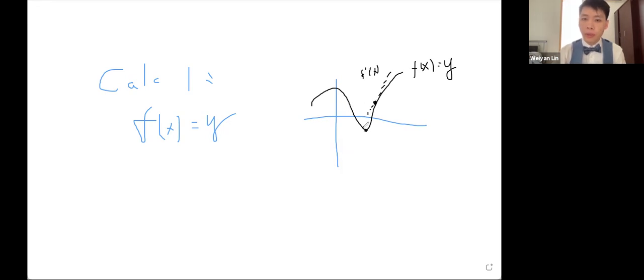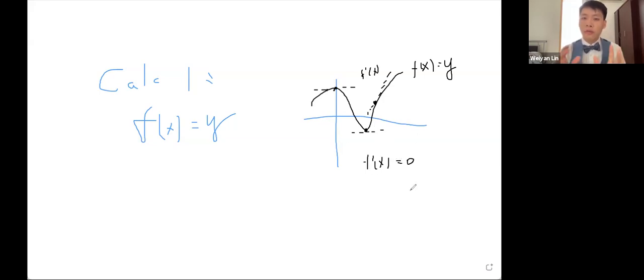So, right, at the local minimum and local maximum, this is called critical points. At this point, we have the function where the derivative is 0, right?